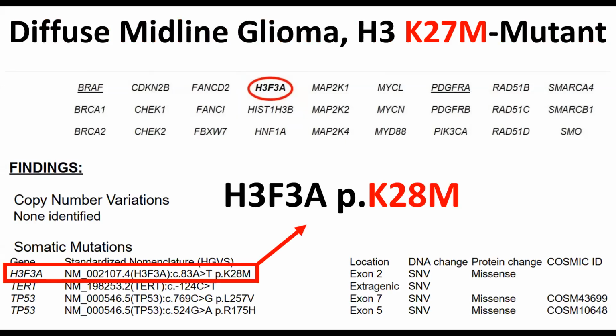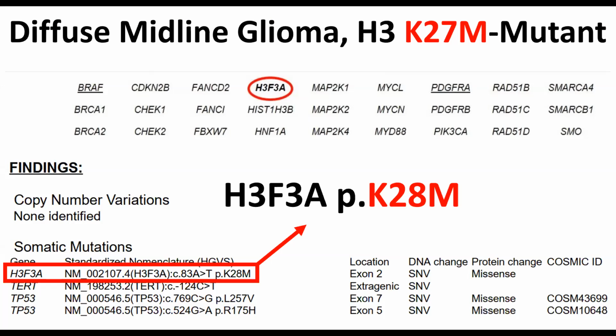Okay, this is from the NGS at MD Anderson, the Oncomine v3 platform, and you can see the details of the alterations. You always have to look at the findings immediately underneath, which clarify what the alterations are. And here you can see that it actually is an H3F3A K28M mutation.